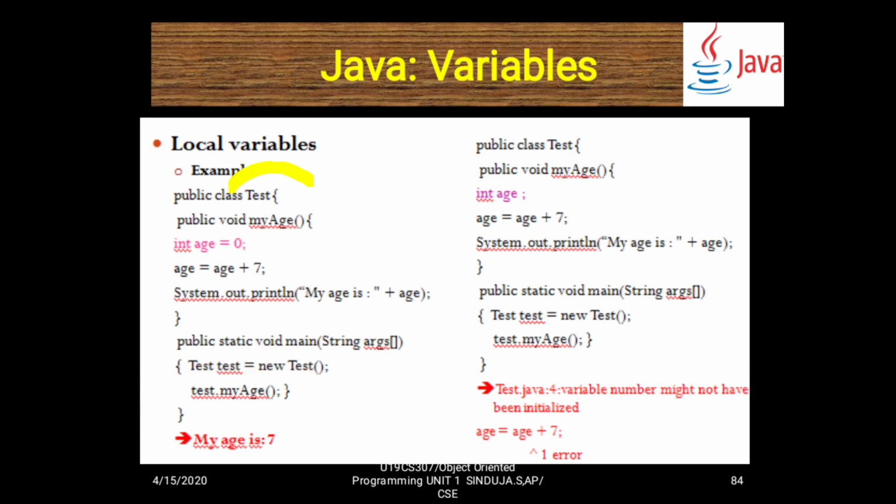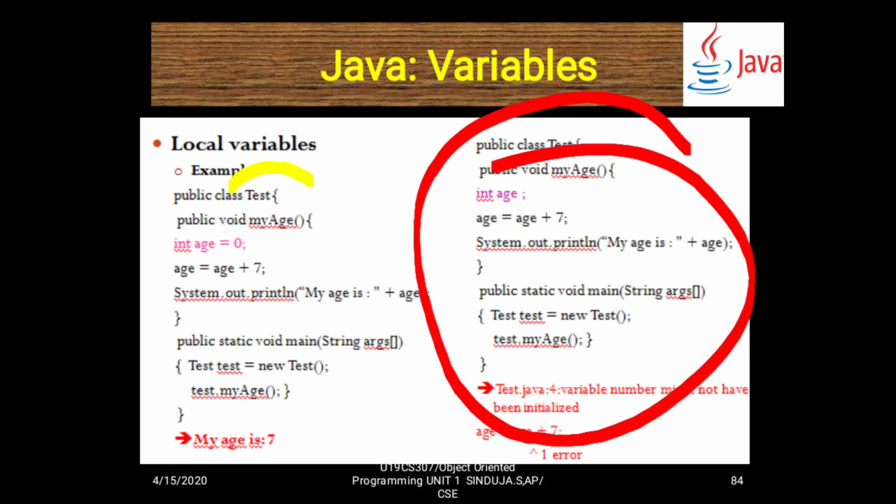What happens if I have not initialized with a value equal to 0? It will end with an error. What kind of error? Variable age might not have been initialized. This is the error you will find.